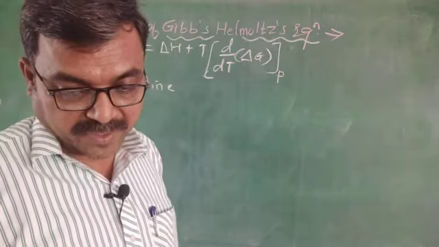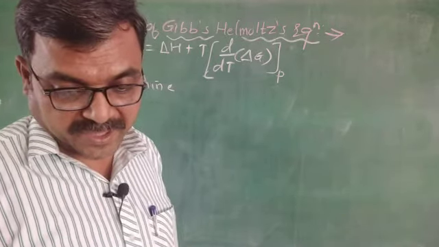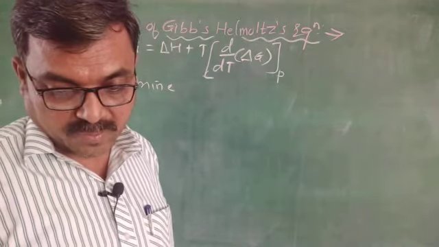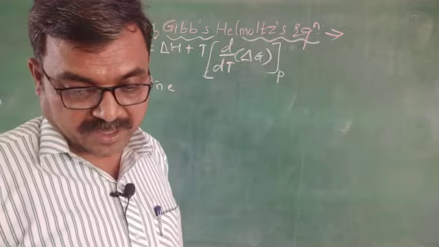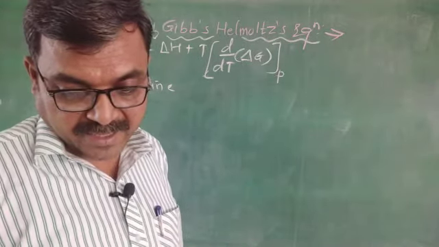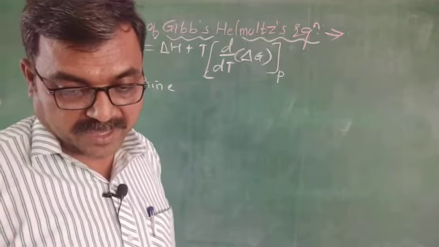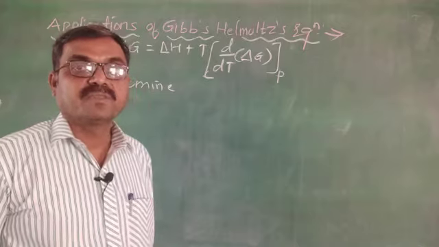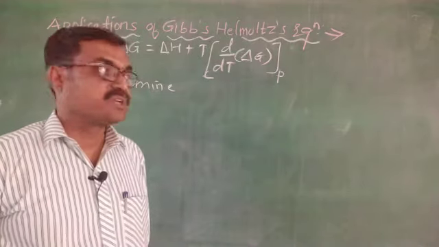Meaning, if the standard potential of an electrode is known at two or more temperatures of the reversible cell, then the entropy change of the reaction can be determined. That is the second application.